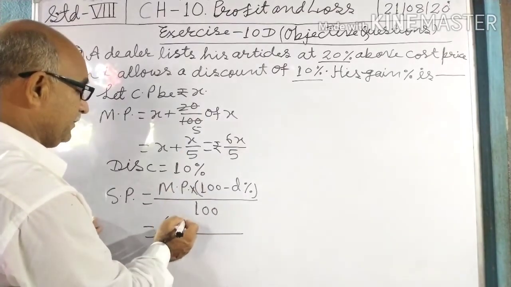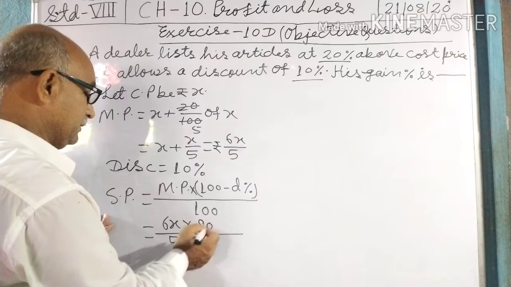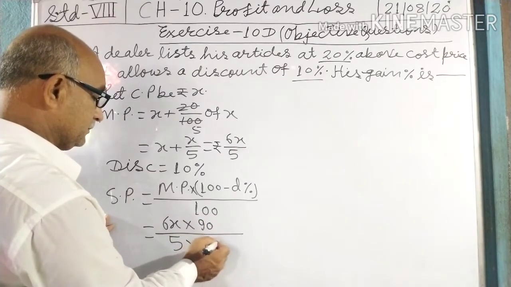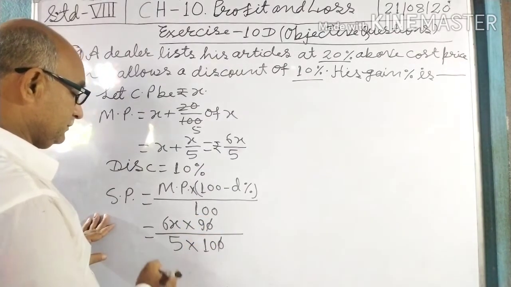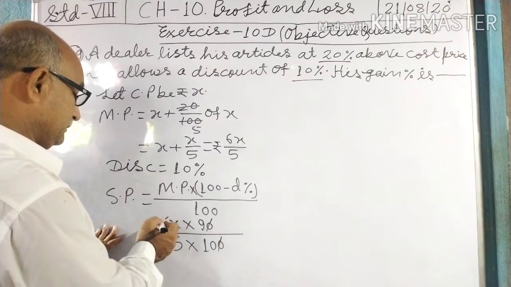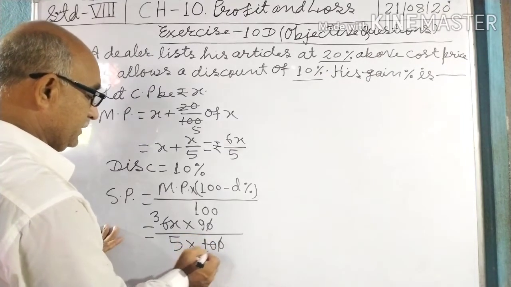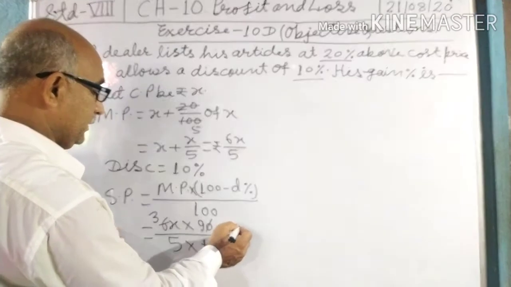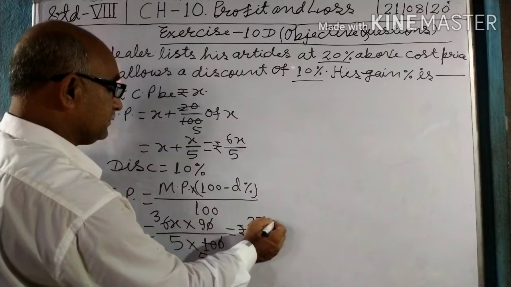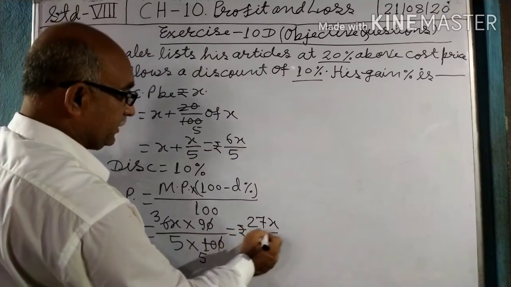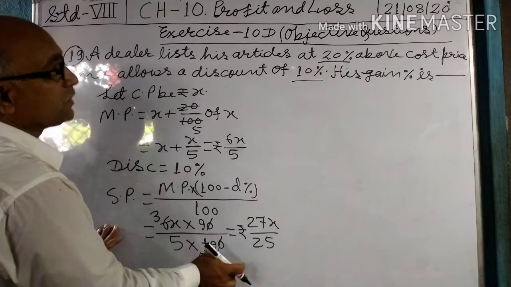So 6x by 5 into 100 minus 10, so 90 by 100. Zero cancels zero. 3 into 9 is 27 and 5 into 5 is 25, equal to 27x by 25. Here CP is x and SP is 27x by 25.